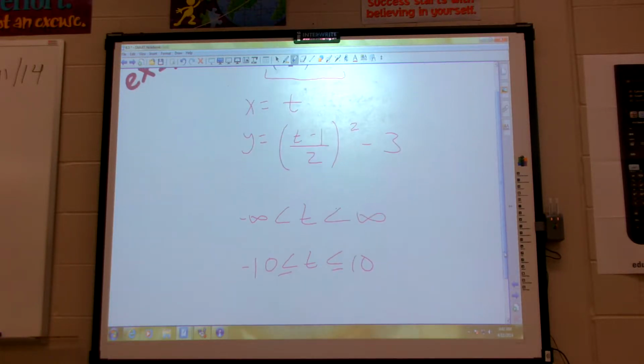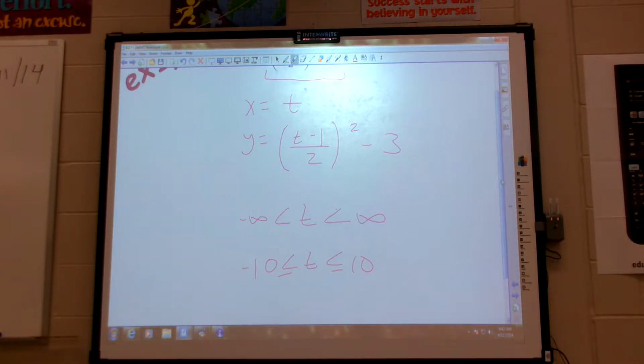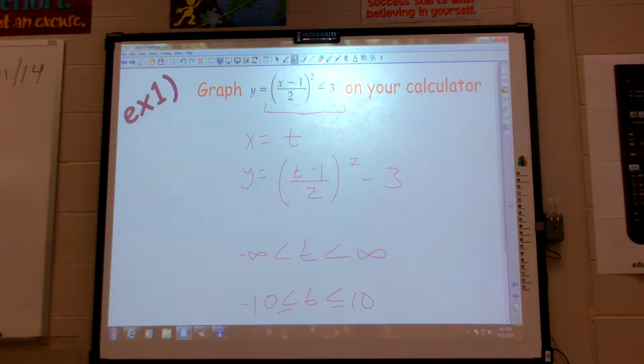And if I don't see the whole graph, I make it bigger, like negative 50 to 50. We just make it as big as we can. Now, what shape is this graph? Parabola. It's squared, correct? So if you only see half a parabola, you're missing the graph, right? So you would make t be bigger. So let's graph this on your calculators.